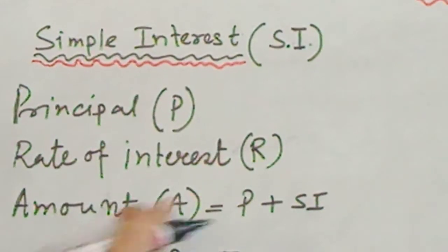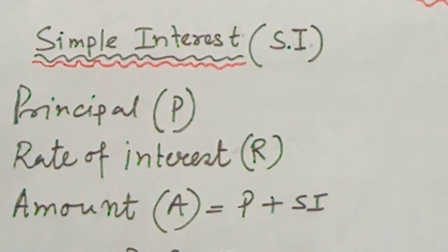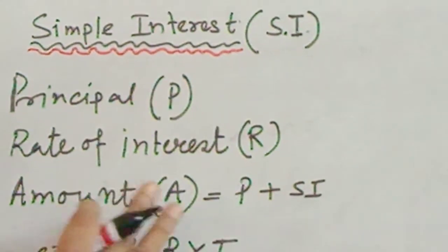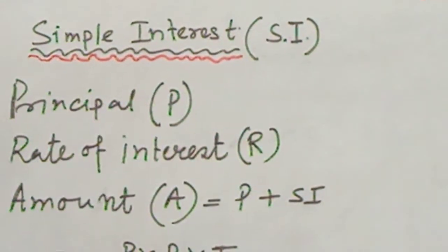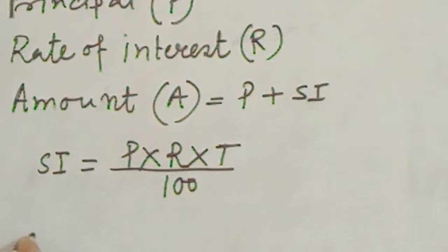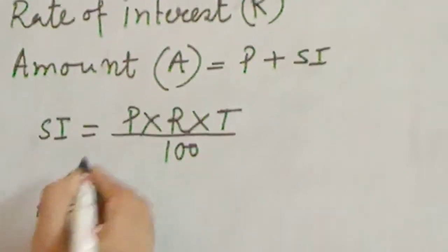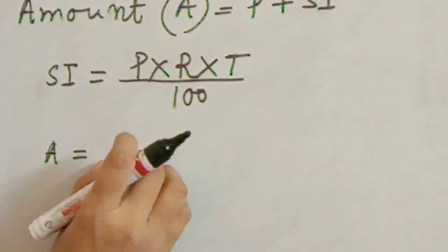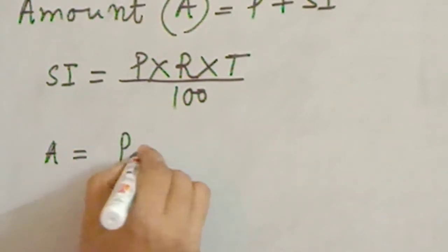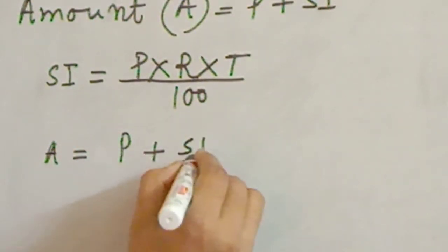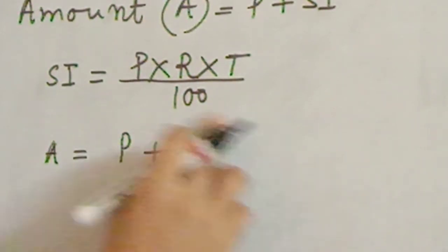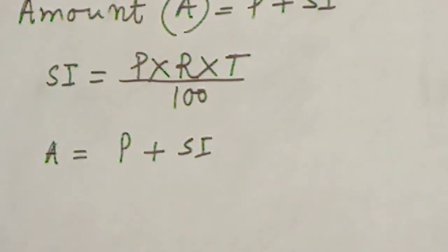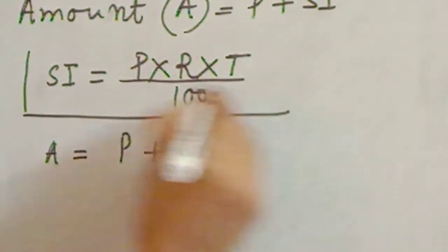This is principal. The rate of interest is R here, and first find simple interest, and then after finding simple interest, you can find amount, the total money. The principal you have kept or taken as a loan, along with the simple interest, the summation of these two is known as amount. Now this is the main formula to find the simple interest.